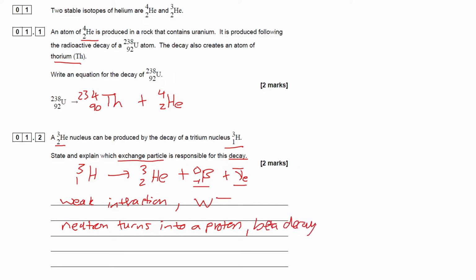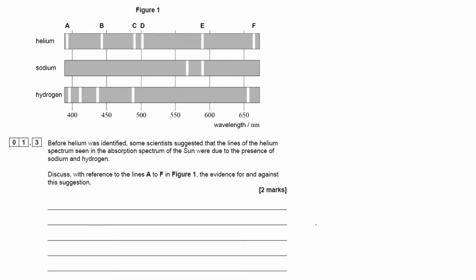Okay. Next question, we have a diagram here showing the spectra of helium, sodium and hydrogen. Now the question is asking you to discuss, and in the context of this question we have to make a comparison between the helium spectra with sodium and hydrogen, and we're trying to find evidence for and against the suggestion, which was that scientists suggested that the lines of helium can be seen in the absorption spectrum of the sodium and hydrogen.